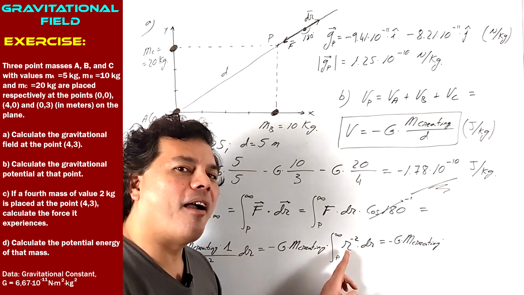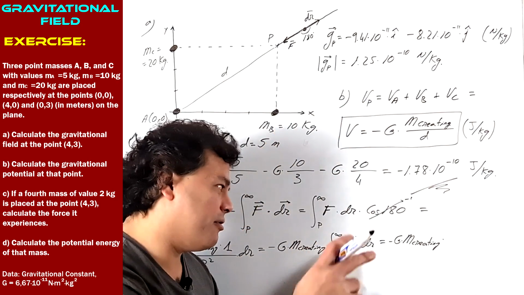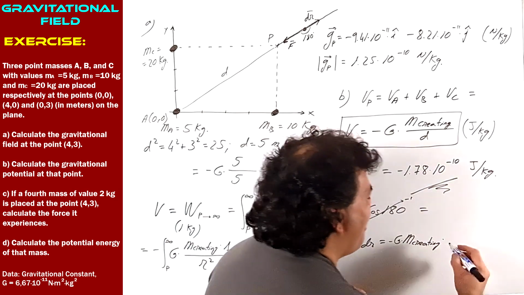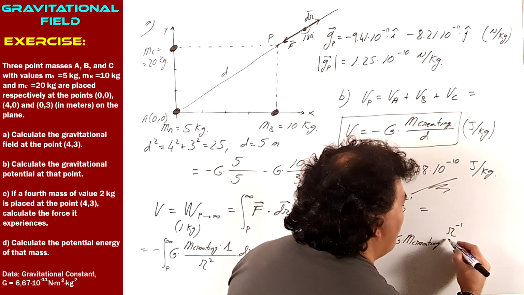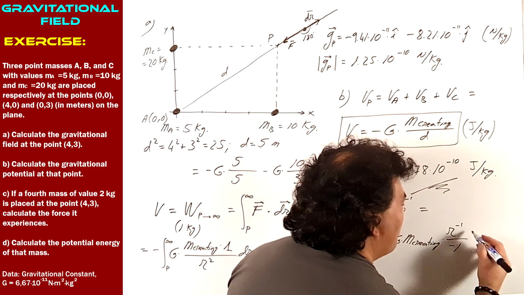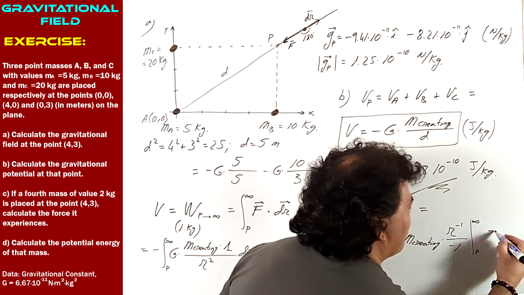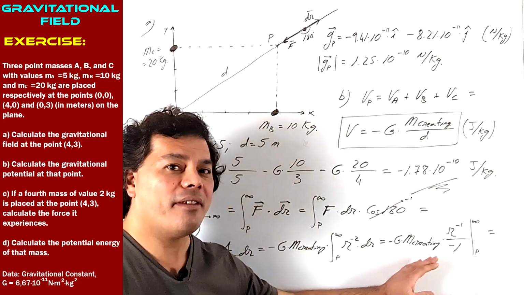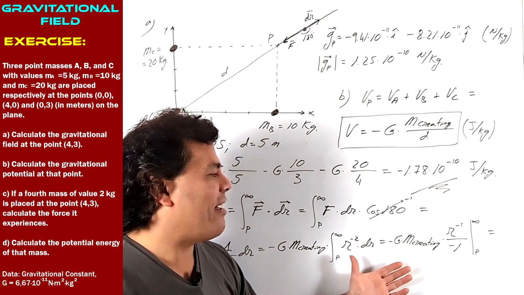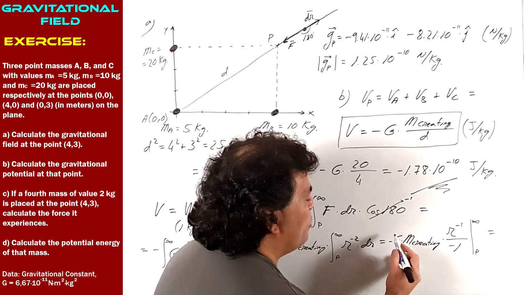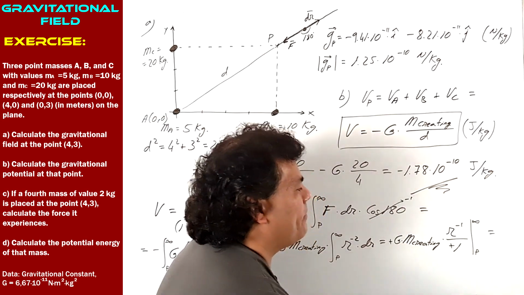It will be r to the -2, r to the -1 divided by -1. And there comes the Barrow rule. This is a mathematical treatment that you have to deal with. We can remove these signs.